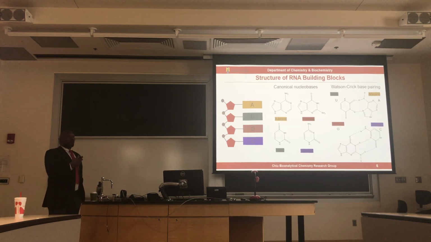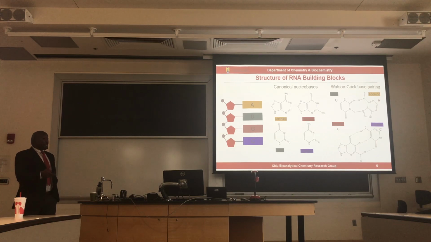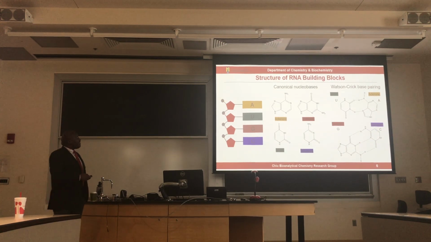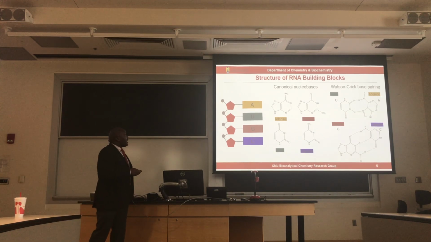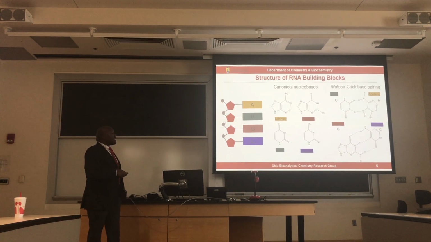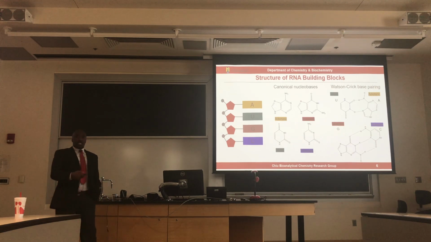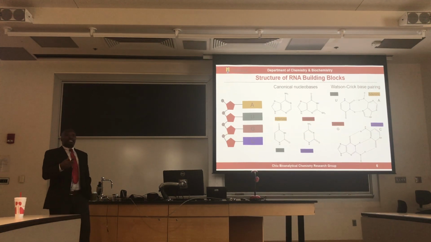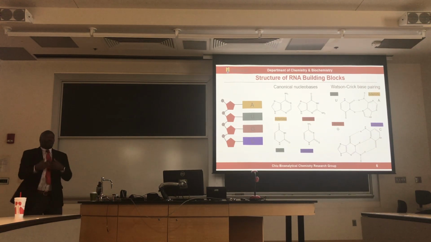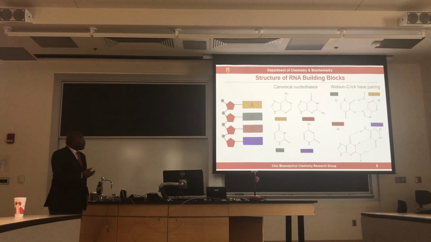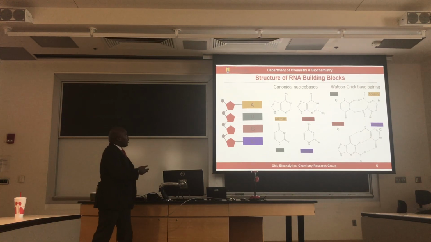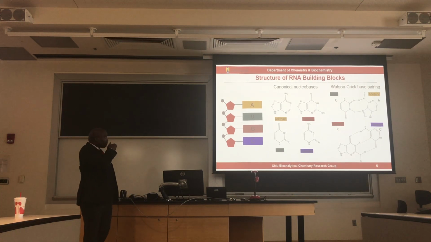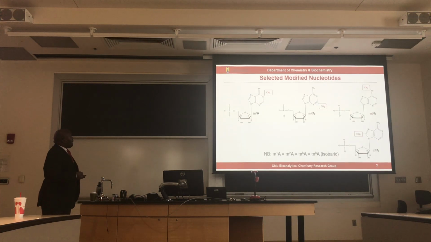And as I talked about Watson and Dr. Crick, the Watson-Crick base pairing, we have uracil base pairing with adenine, and guanine base pairing with cytosine. So it is very important to understand these basic fundamentals about RNA: through hydrogen bonding, uracil with adenine, and guanine with cytosine.